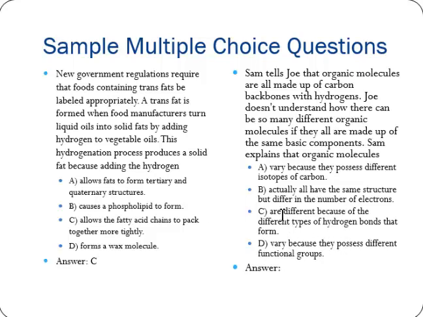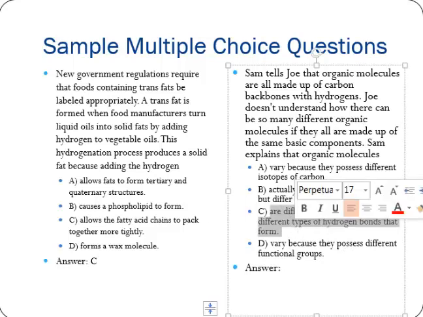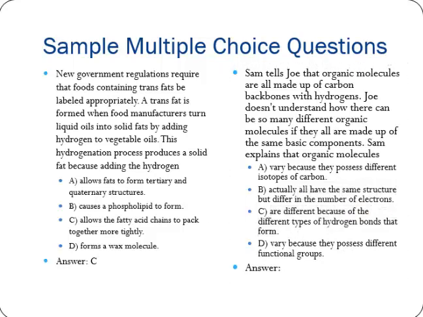C, are different because of the different types of hydrogen bonds that form. Well, that actually could be true. It's not a terrible answer. It could be true in certain types of, for example, a difference between a saturated fat and an unsaturated fat, but that's only a very narrow distinction. Obviously whether they have different types of hydrogen bonds is not going to be the difference between a protein and a sugar, only between a saturated and unsaturated fat.